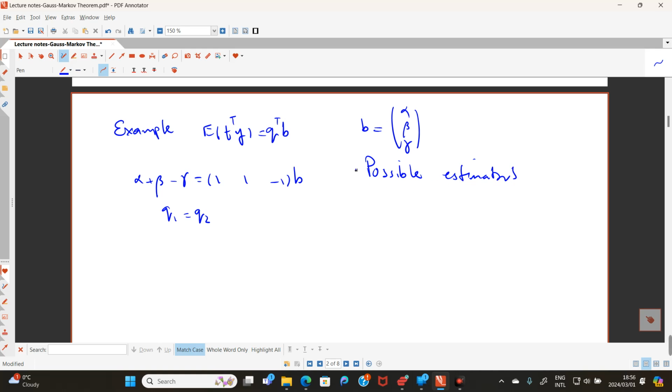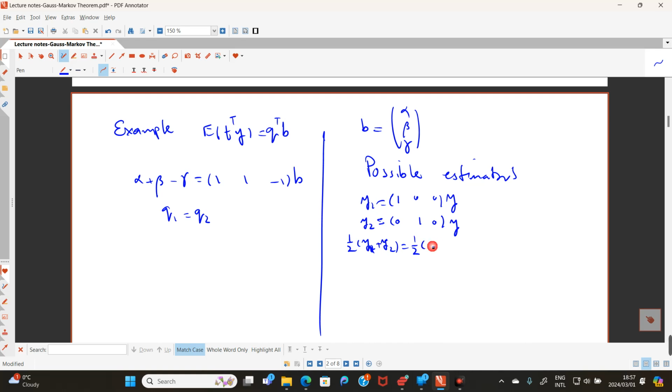From the previous example, let's look at the possible estimators: y1, that is 1, 0, 0, y; y2, that is 0, 1, 0, y; and also half of y1 plus y2. If you remember from the slides above, these are the linear estimators.